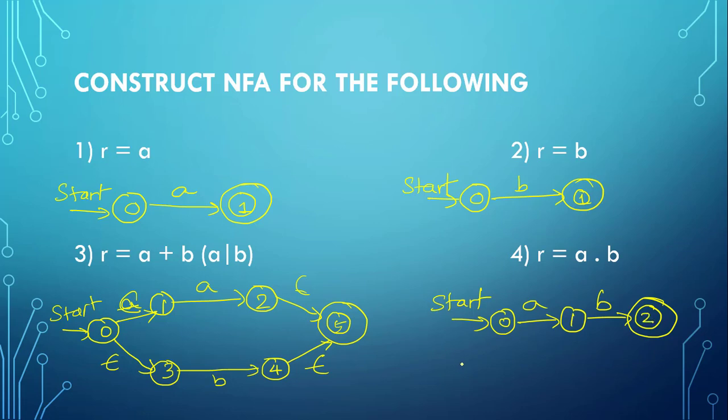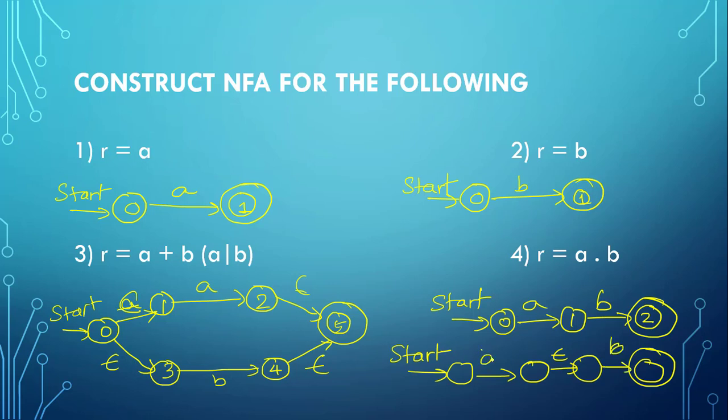So in that we will have NFA of A and NFA of B. So here NFA of A first state will be our start state. We will connect these two over epsilon, and the last state of NFA of B will be our final state. So here there is one state getting increased, so we will have a total of 4 states, and in the shorter method we will have 3 states.